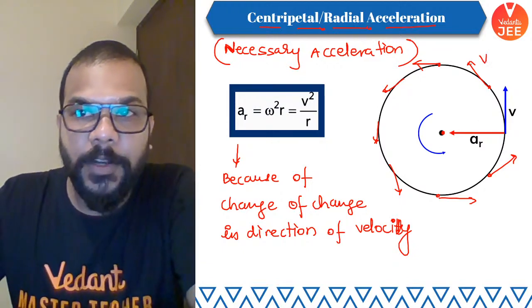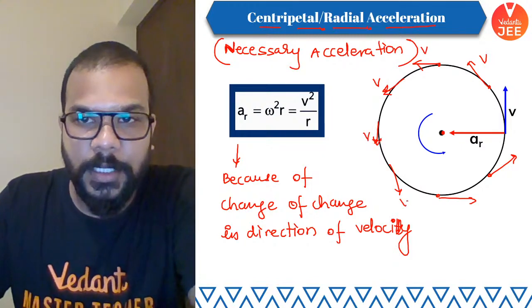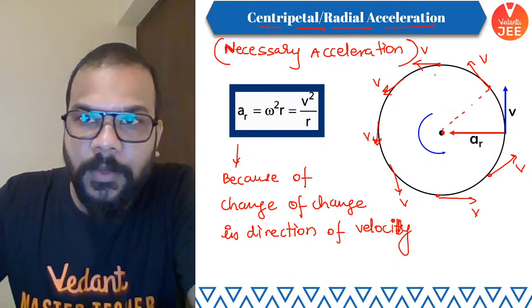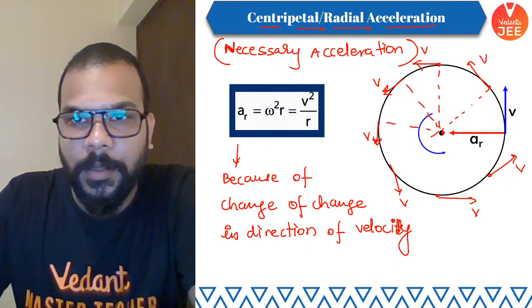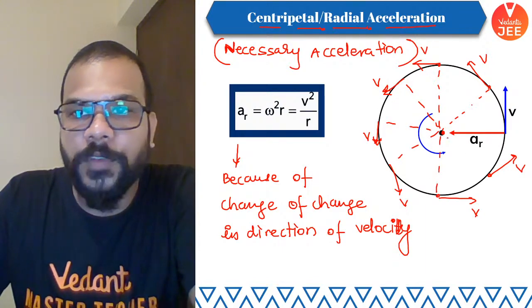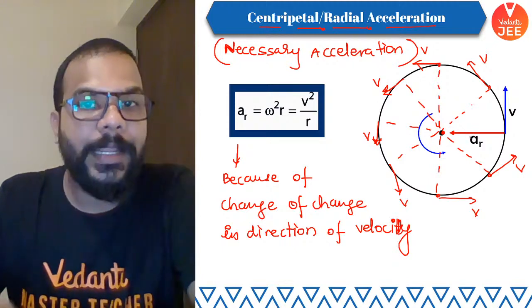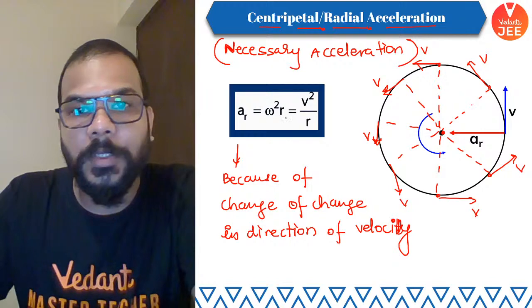So you can see that the velocity vector, even if speed is constant, has a direction that is always changing. The force responsible for this is the force which makes the body have this acceleration called centripetal or radial acceleration. It is given as v square by r or omega square r.